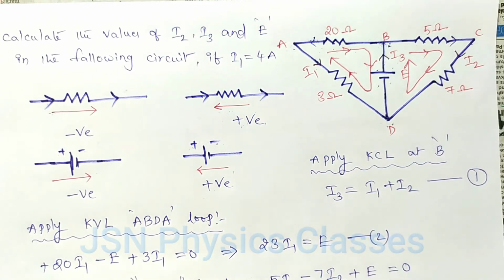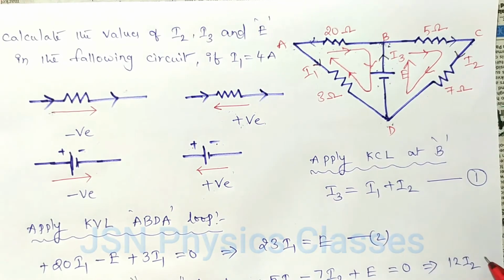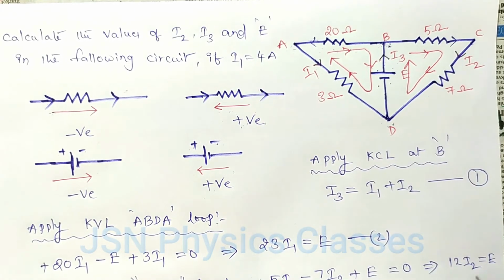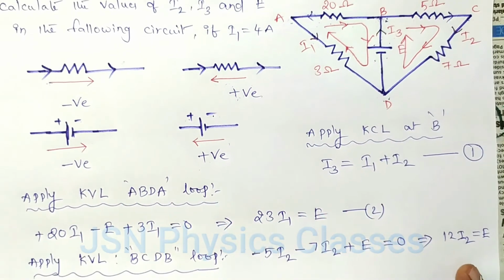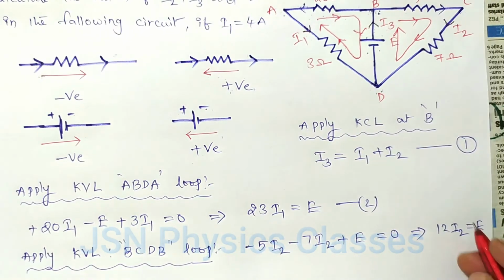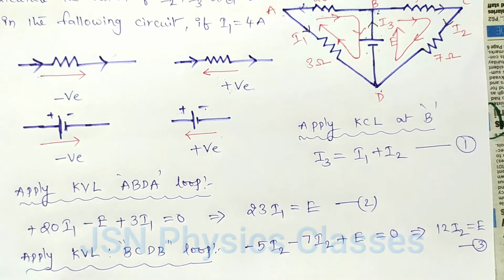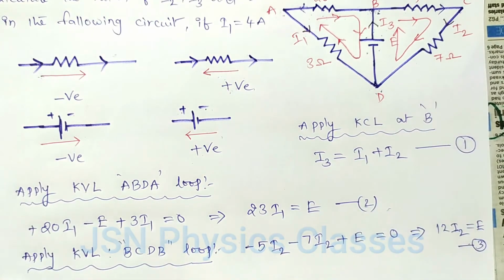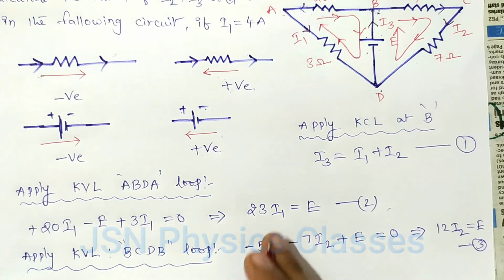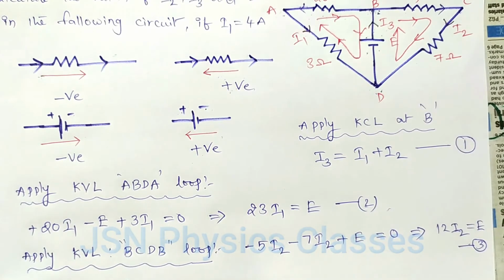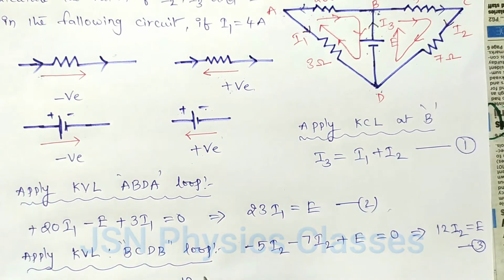If you simplify this, 12 I2 is equal to E. This is equation 3. From equations 2 and 3, 23 I1 is equal to 12 I2.